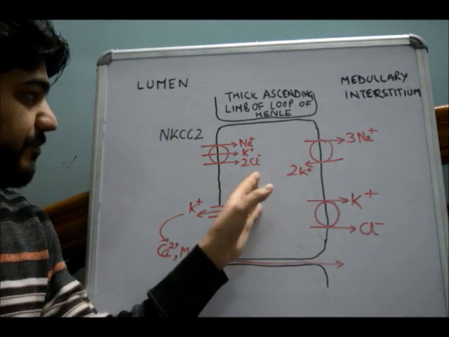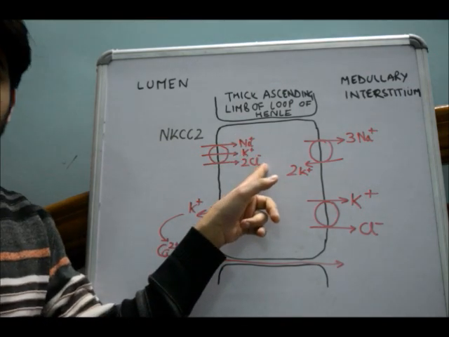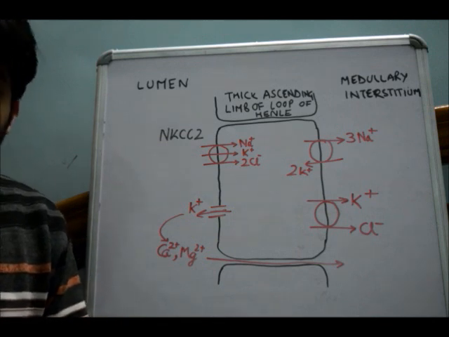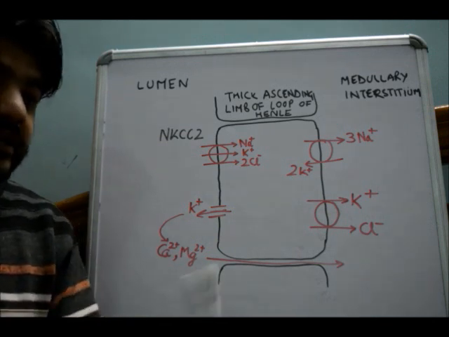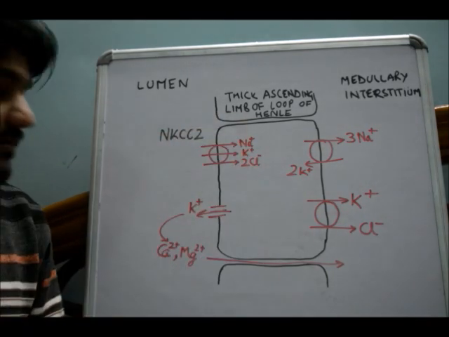And when this happens, you can see there are two positive charges and two negative charges, so this movement is electroneutral. There is no net gain of charge.